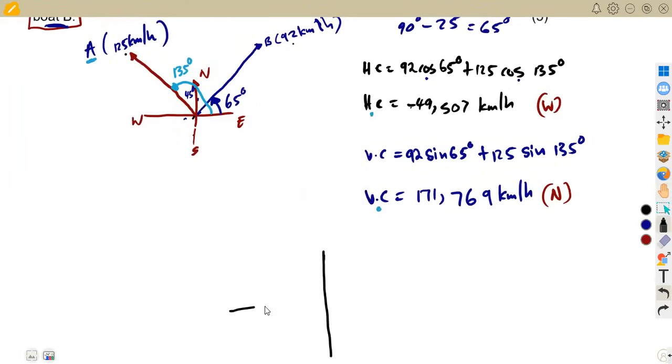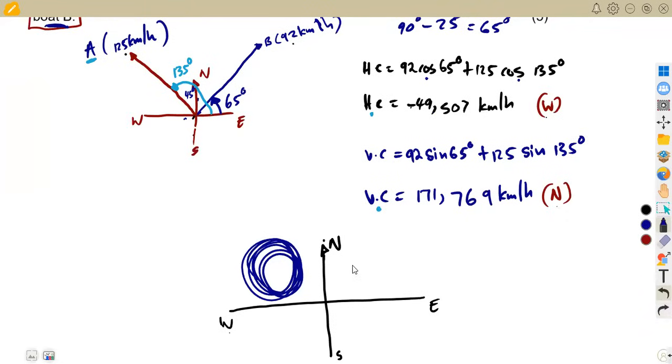All right, so this is our quadrant part. This is our north and this is our south, west and east. So where are we having west and north? West and north is considered in this quadrant, where horizontal is negative and vertical is positive. It's here in this quadrant.